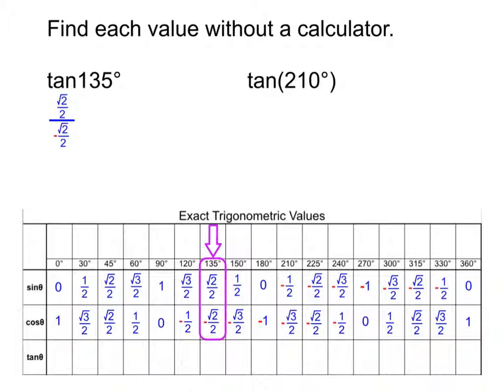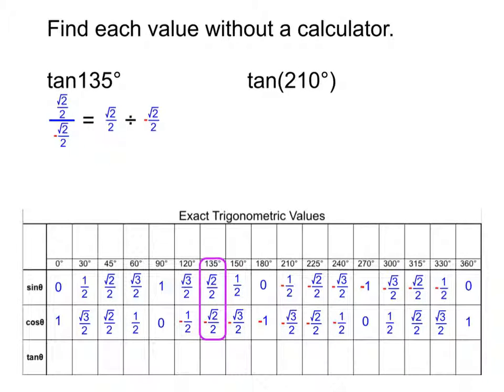So now it's just a matter of figuring out what is root 2 over 2 divided by negative root 2 over 2, which sounds kind of scary when we say it out like that and just kind of look at it symbolically, but actually it's really easy. Because, of course, we're dividing root 2 over 2 by negative root 2 over 2. It's basically divided by itself.